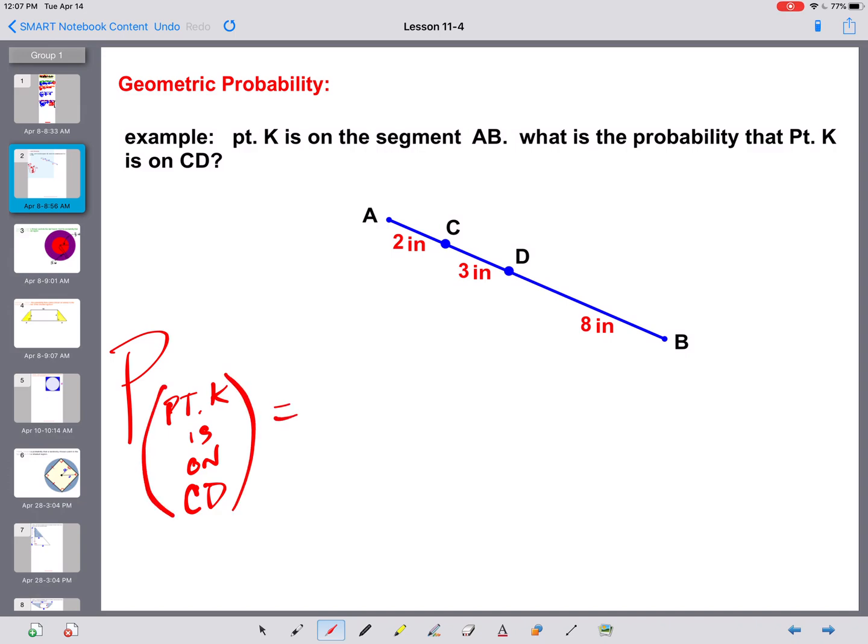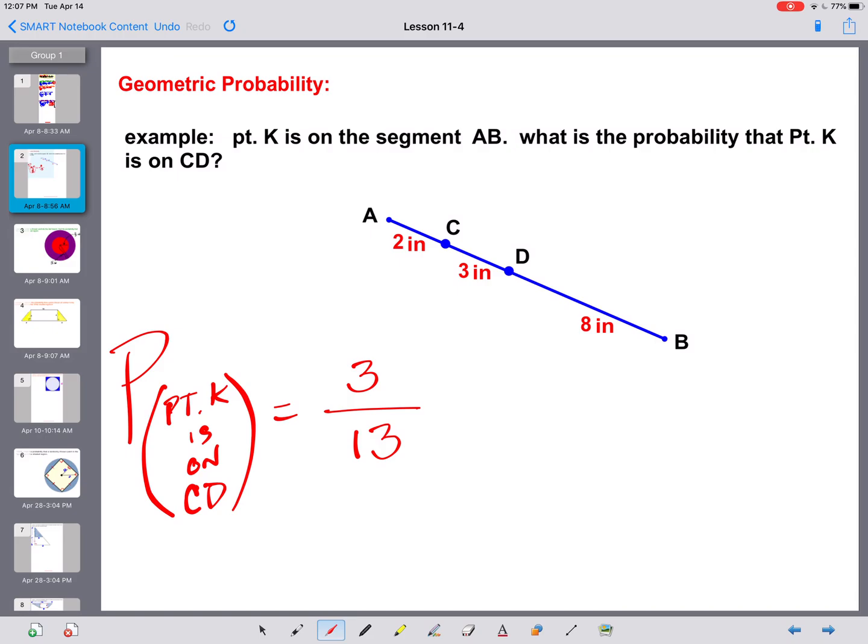First of all, the number of ways I could be successful. Instead of thinking number of ways, think number of inches that I could be successful. To have point K on CD, it's 3 inches, because CD is 3 inches long, over the total. What's the total distance from A to B? That's going to be 13.